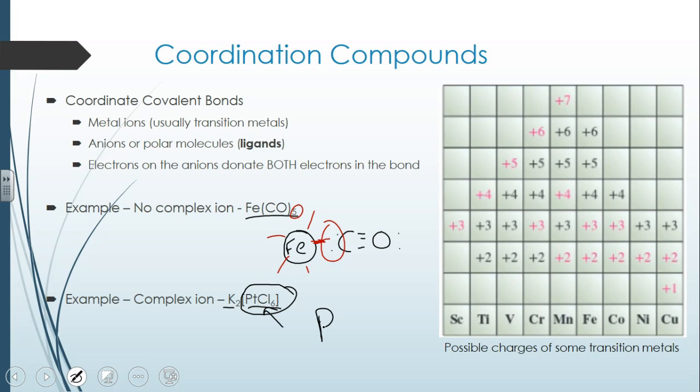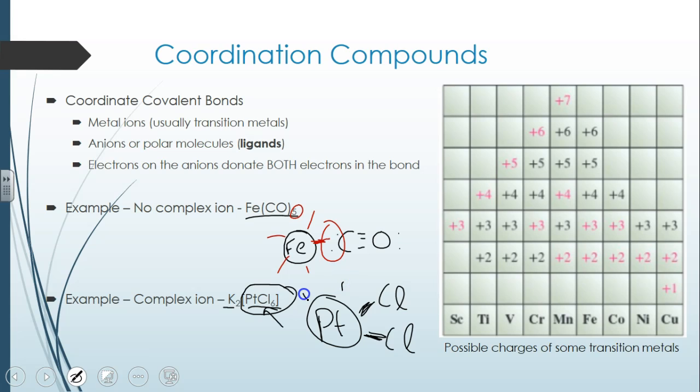So again, you have platinum, which is the atom, and then around it you have the chloride ion, which in this case is giving both electrons to make the bond.